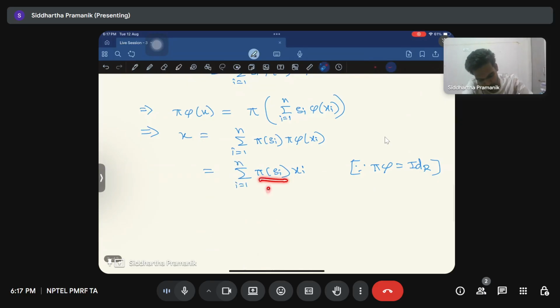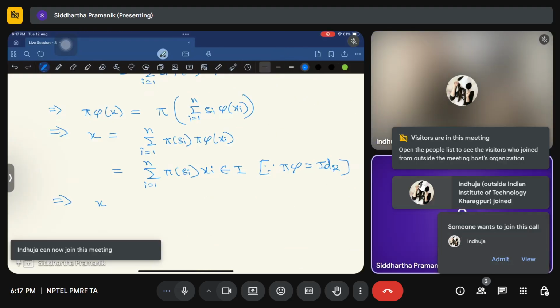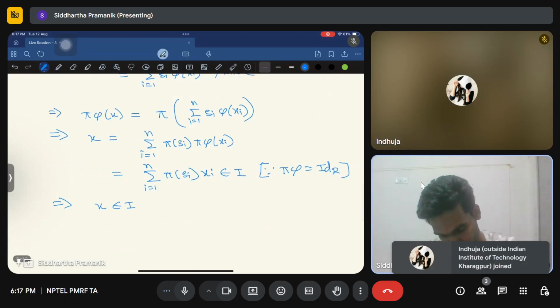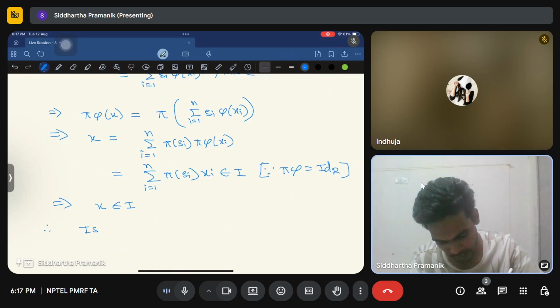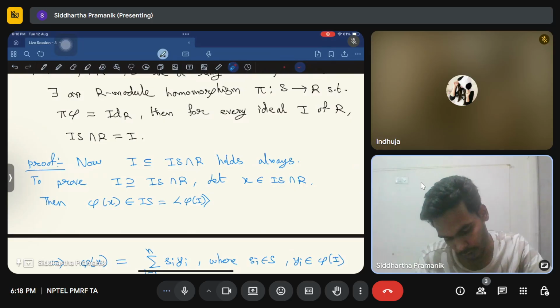Now this belongs to R and this belongs to I. So this summation will belong to I. So this belongs to I. So this implies x belongs to I. So what we have proved is that the intersection with R is a subset of I. We have already proved the other side, which always holds, and now we have proved this, so equality will hold.